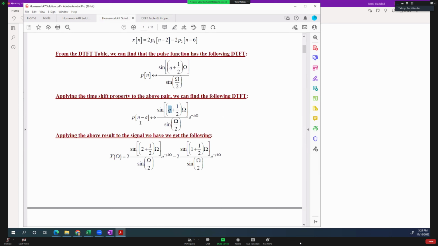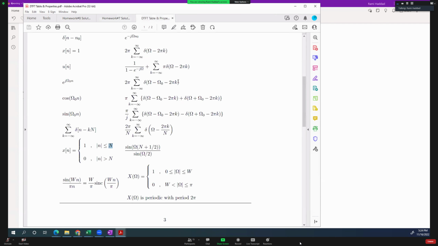I should have kept it as n, but the notion that I used here is the same notion I talked about earlier in lecture 2 or 3 when we introduced the pulse, that this is the complete width, but this n is half of the width here.